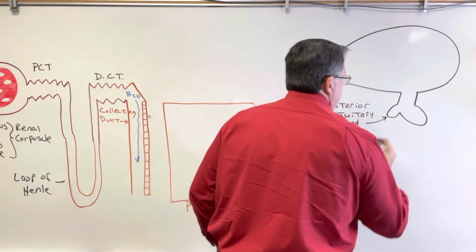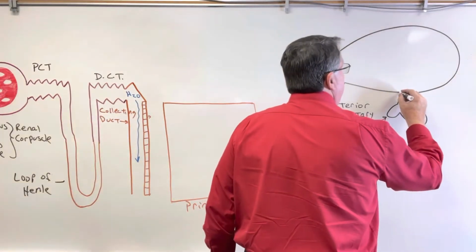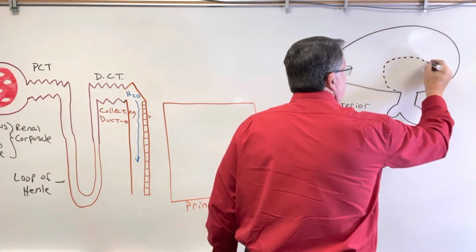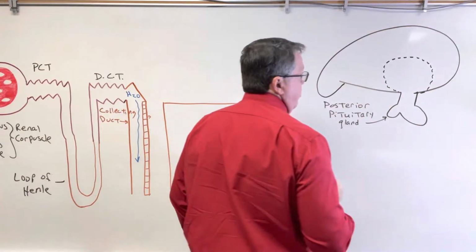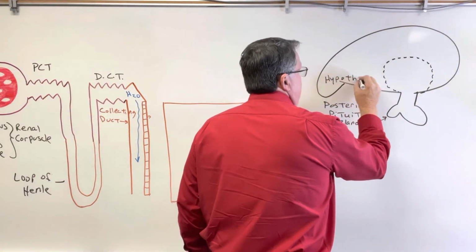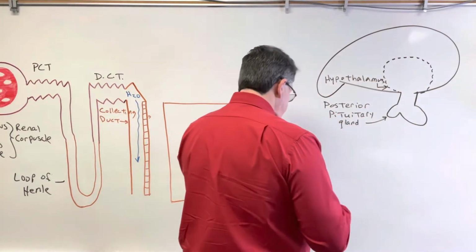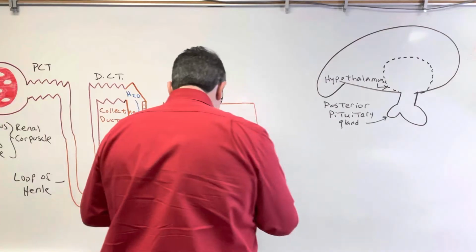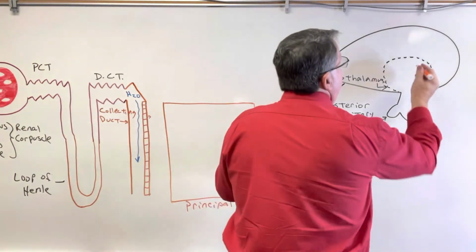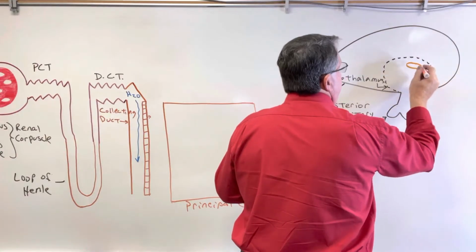Right there, okay? Inside the brain, if you recall, we also have an area which we call the hypothalamus. And this is going to be an area that's right above my pituitary gland. So this is going to be my hypothalamus. And then inside my hypothalamus, there is an area called the superoptic nucleus. So I'm going to just draw some nuclei right there, okay?